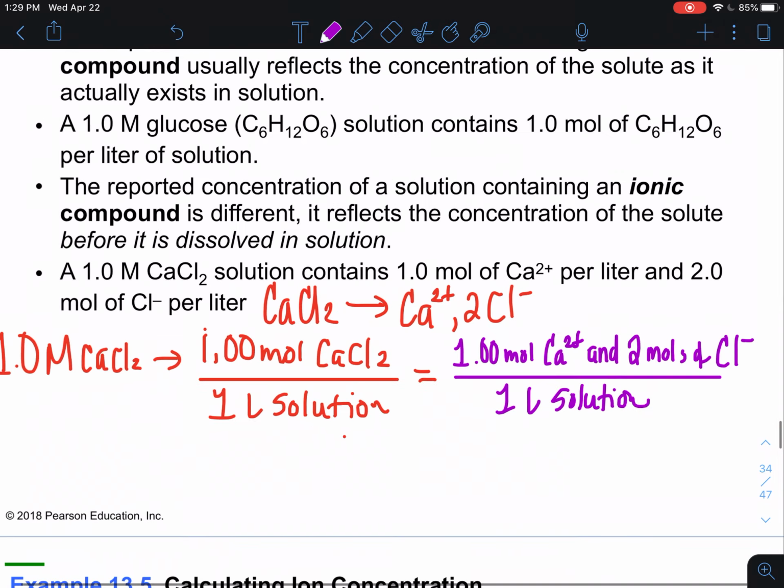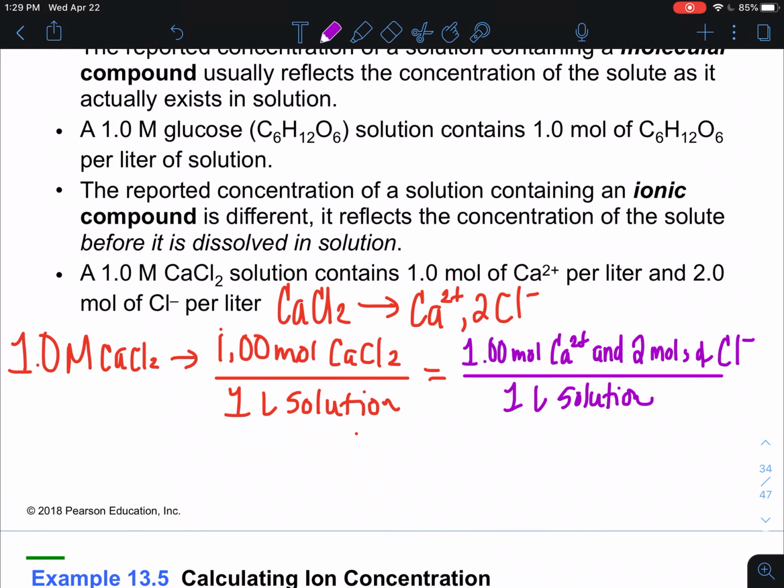There are several different things that you can look at here. If I ask you how many moles of the chloride anion is present in this situation, you would say 2 moles. If I asked you how many moles of calcium cation is present in a 1 molar solution of calcium chloride, you would say 1 mole.